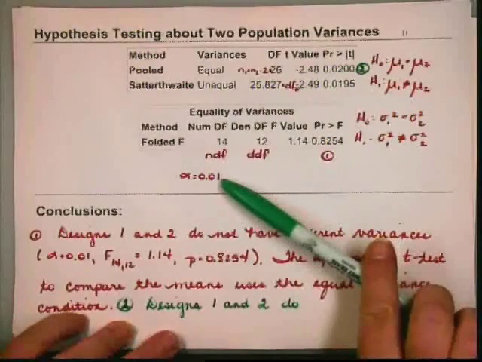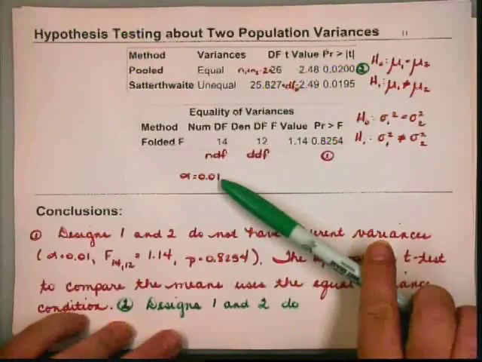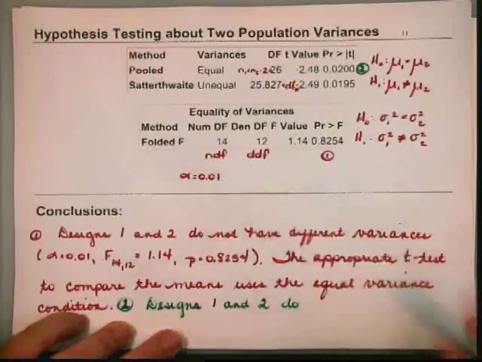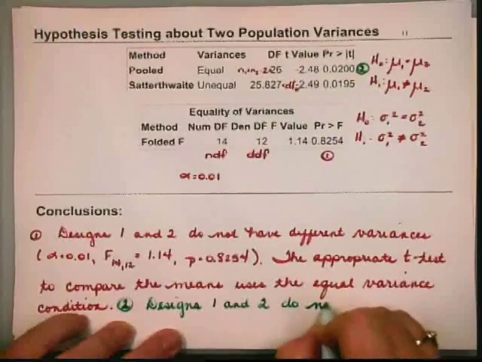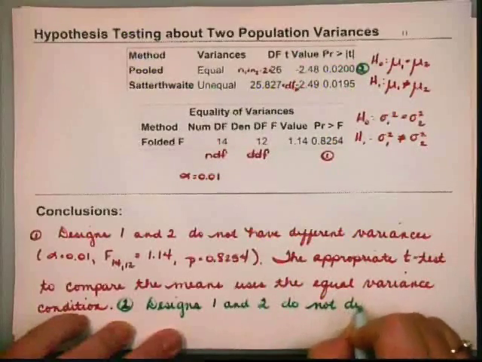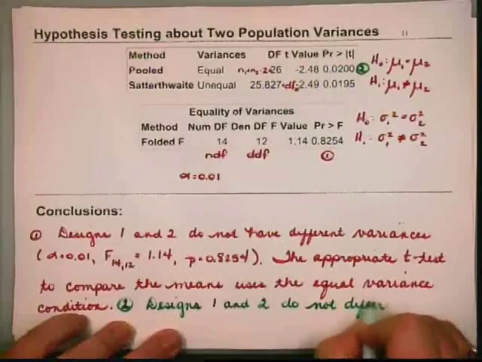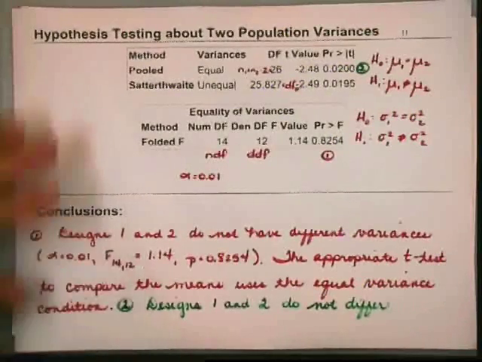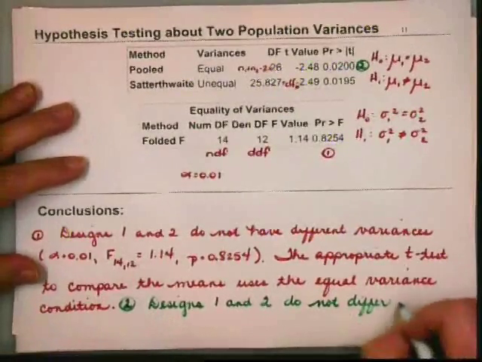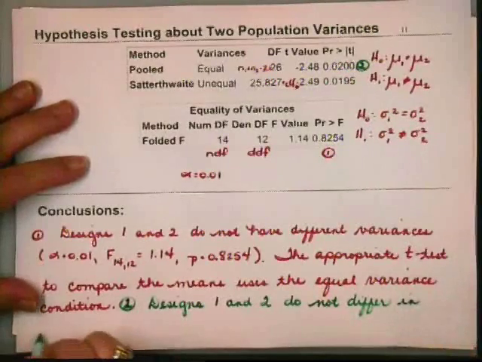If alpha is 0.01, they do not differ. Agreed? In mean computing time.